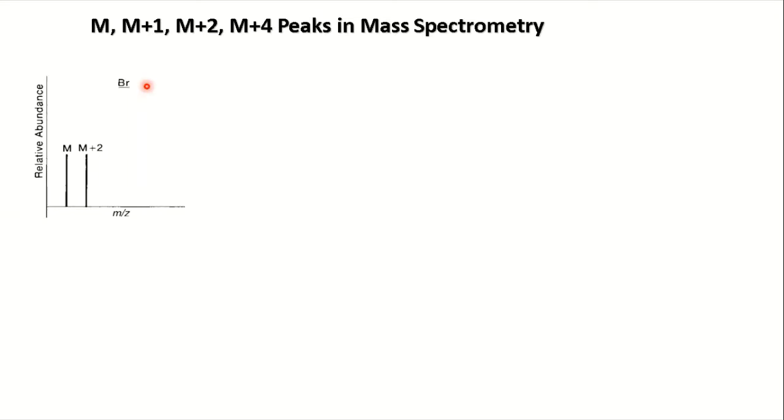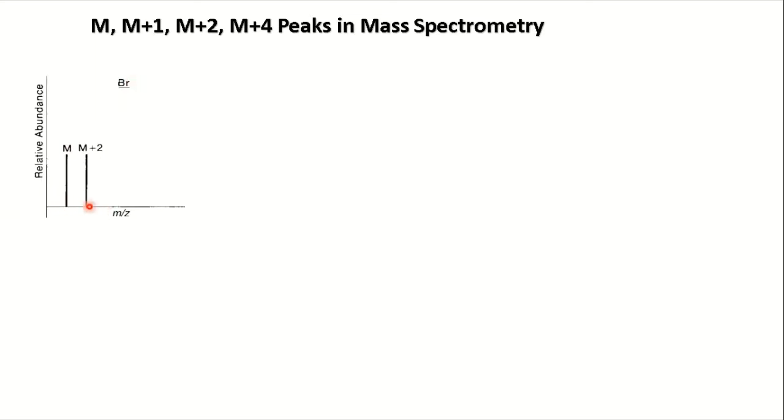The 79 has a natural abundance of 50.5 percent, and the 81 isotope has 49.5. Altogether, if you add both, it is 100%. The 50.5 and 49.5 are very close to each other, and they differ by 2 units. So that's why for one Br, you will see 2 peaks.